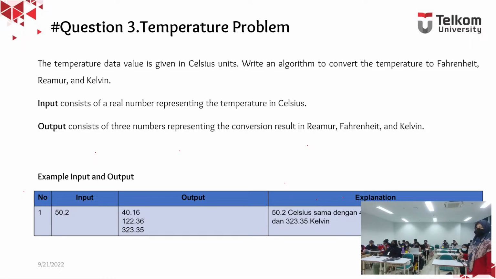Okay. So this is the example of the input, and this is the example of output. It consists of 3 lines. The first line is the temperature in Fahrenheit. The second one is in Reamur, and the last one is Kelvin. Okay. Please try to write the algorithm in algorithmic notation.